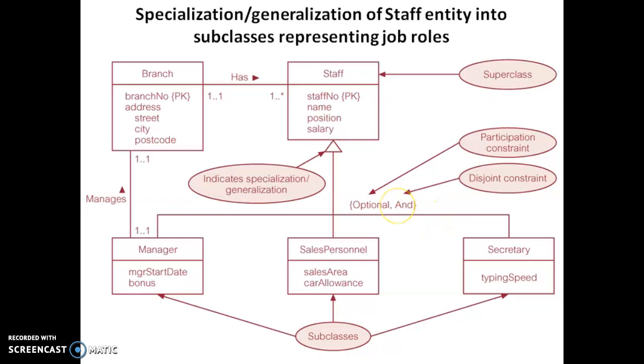This applies when an entity occurrence of a superclass may be a member of more than one subclass. Example, a staff member may be a manager, sales personnel, and also a secretary. A single staff member can be a member of the manager, sales personnel, and secretary subclasses. So this is called "and", non-disjoint.